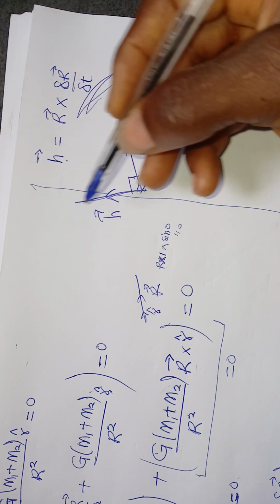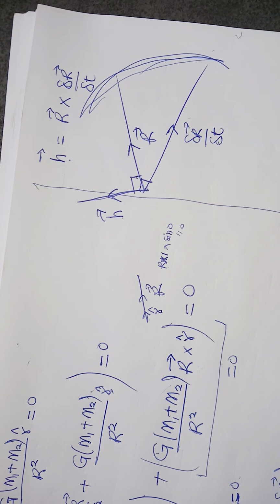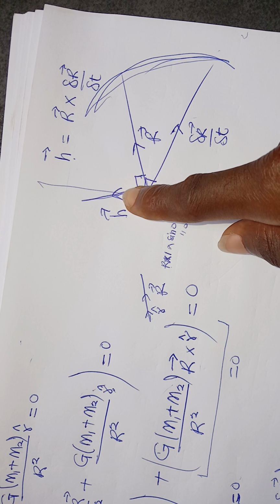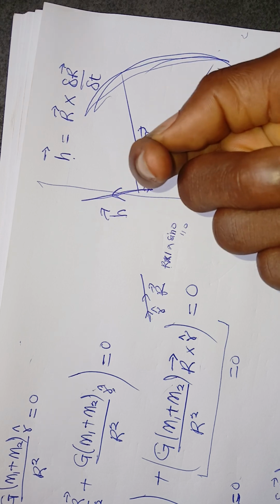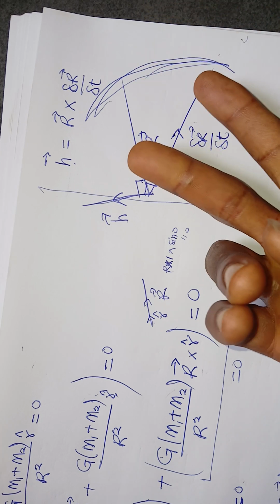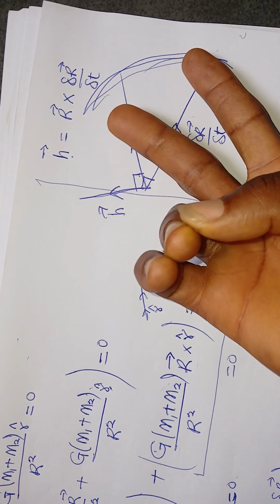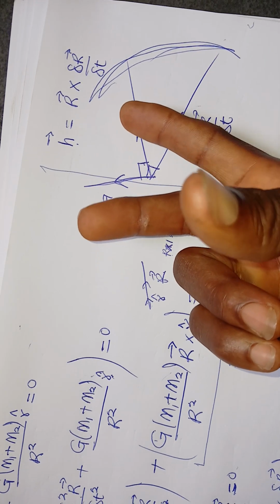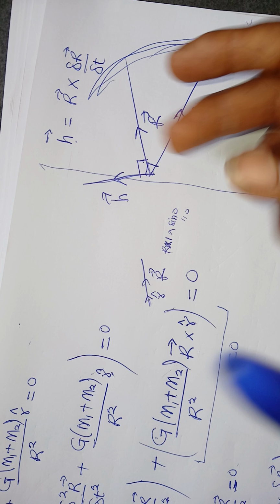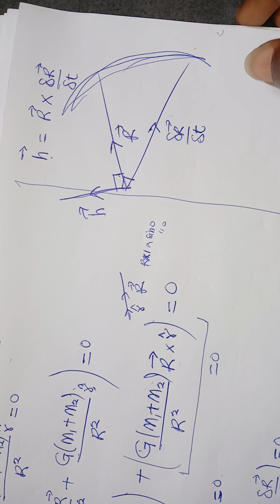It is a line in the third dimension because it is perpendicular to both r and then dr dt. The only way h could be a constant pointed in the third dimension is that r and dr dt are lying in a two-dimensional plane. So if these two are the two vectors which are crossed, then h will be in the third dimension pointed upwards, whereas r and dr dt are lying in a two-dimensional plane.